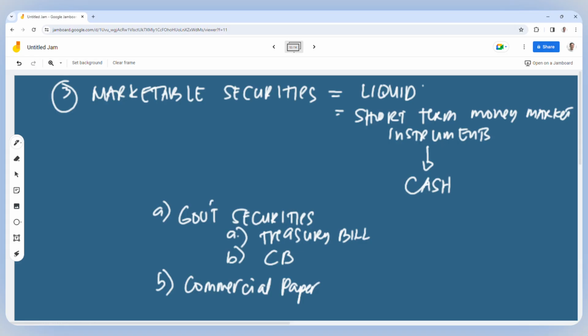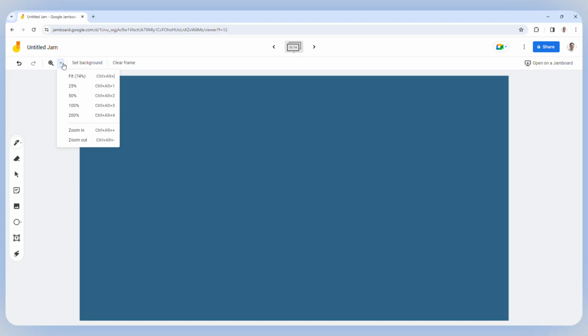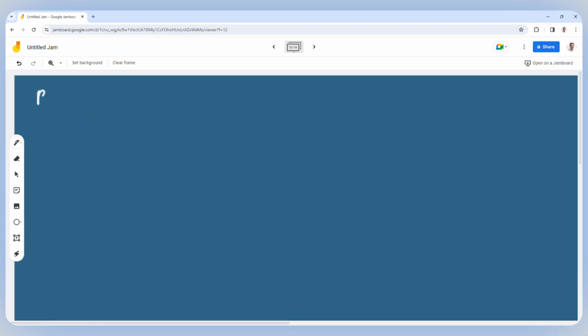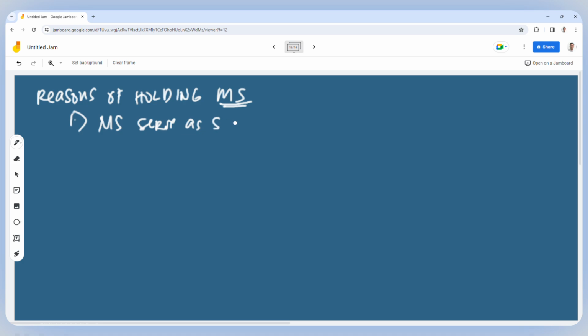Okay. So, ano naman class, ang reason, no? Reasons why we hold this one, no? Reasons of holding marketable securities. MSA. Okay? Number one, of course, the MS or the securities serve as substitute for cash. 'Di ba? Sabi sa atin, if we invest it, no, we will earn interest, ha? Alright?